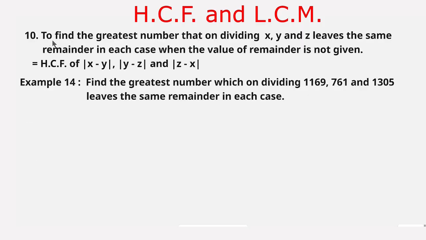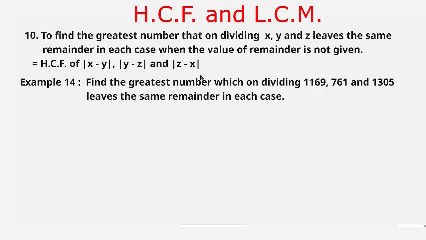So point number 10. To find the greatest number that on dividing x, y and z leaves the same remainder in each case, when the value of the remainder is not given, this will be equal to the H.C.F. of the absolute values of x minus y, y minus z, and z minus x.